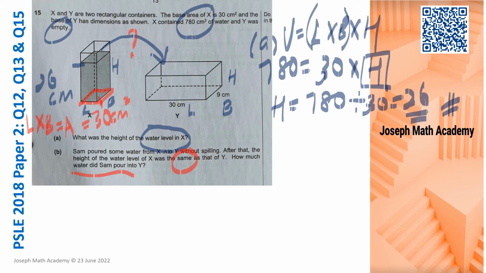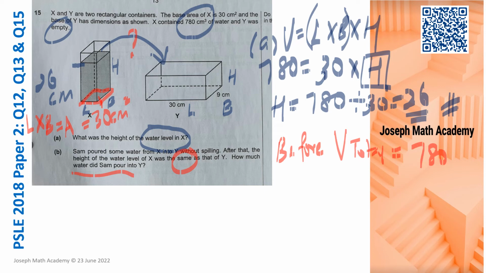So that means the total volume of water, 780 cubic cm, should be the same for the after total. Let me explain more. Volume of the water total: at first, before, is 780.